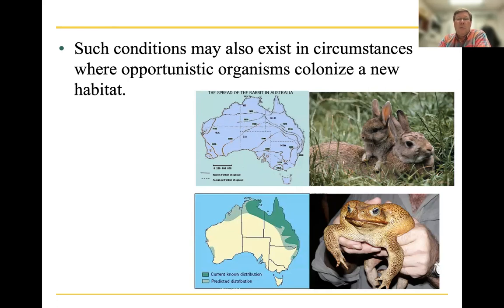Rabbits reproduce very rapidly, and it's taken a significant amount of work to get them under control, because obviously they compete with other grazers, with other small herbivores. They compete with wallabies. They compete with some of the other native fauna, and so this is obviously a problem.